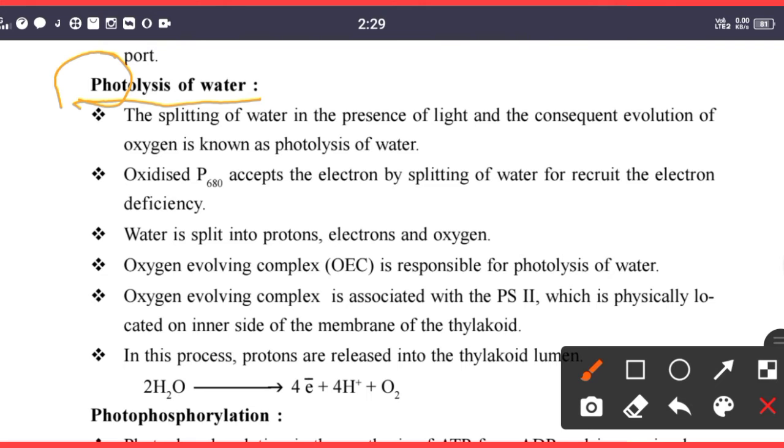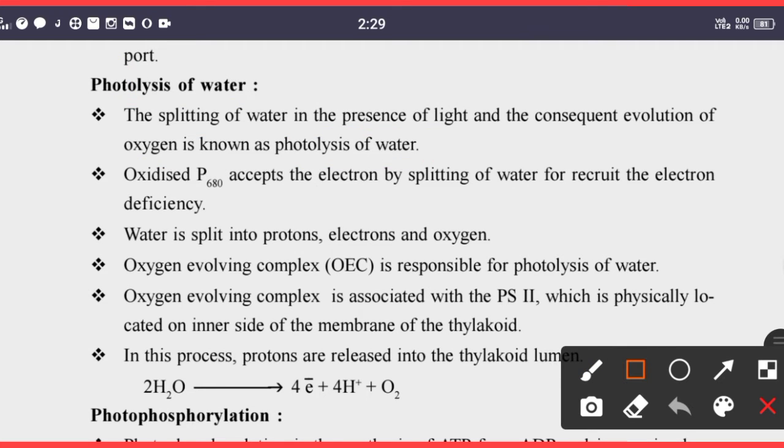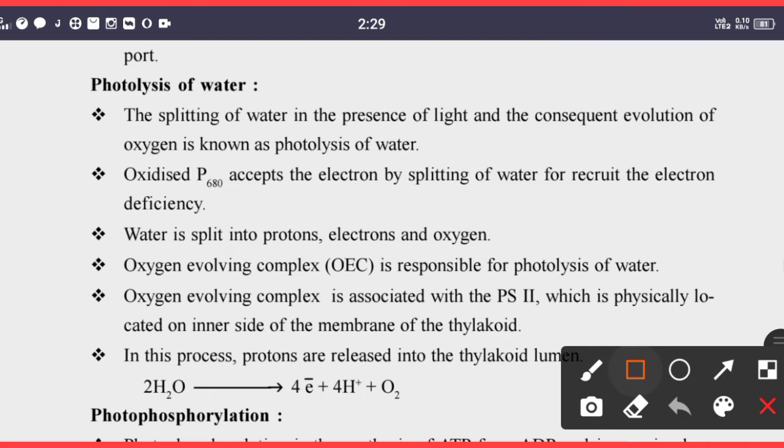Here they have given splitting. The splitting of water in the presence of light and the consequent evolution of oxygen is known as photolysis of water. This you have to keep in your mind, it is most important.